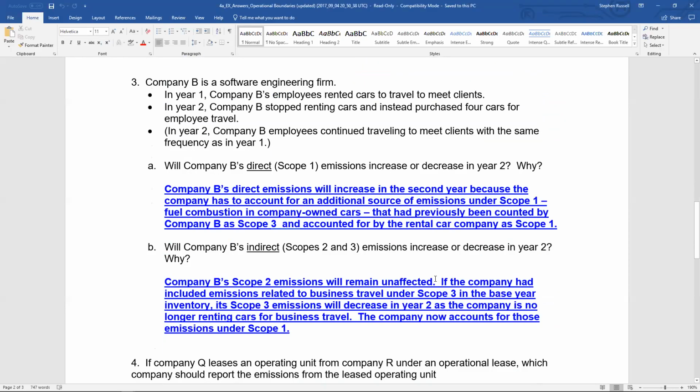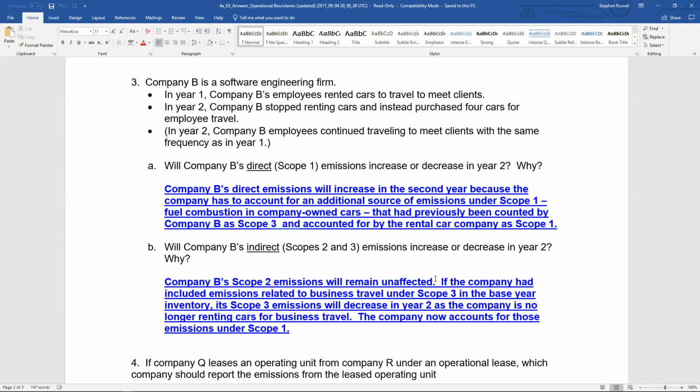For question 3, here the firm's employees rented cars to travel to meet clients. In year 2, the company stopped renting cars and instead purchased its own vehicle fleet. The employees travel at the same frequency, so there's no change in activity data.